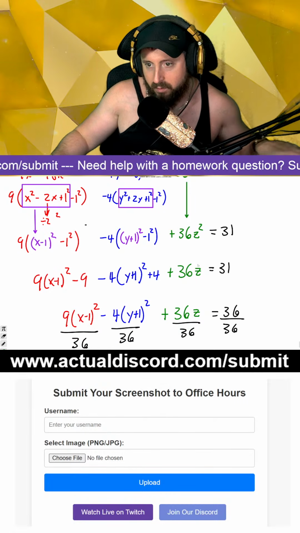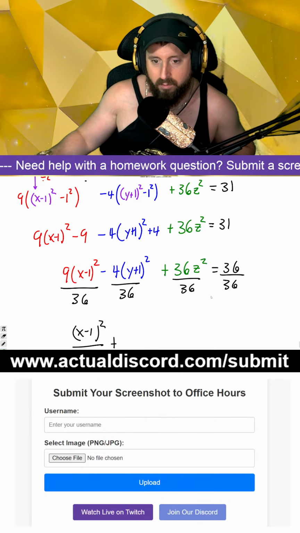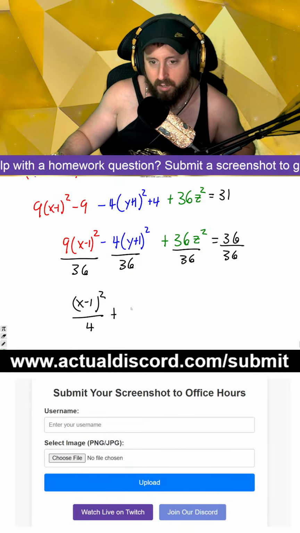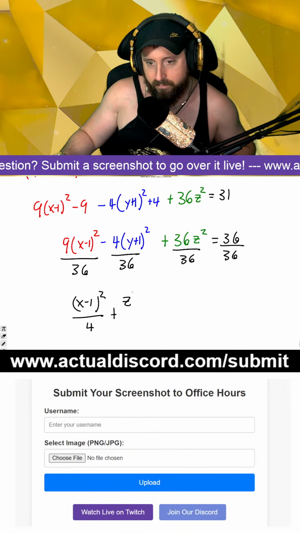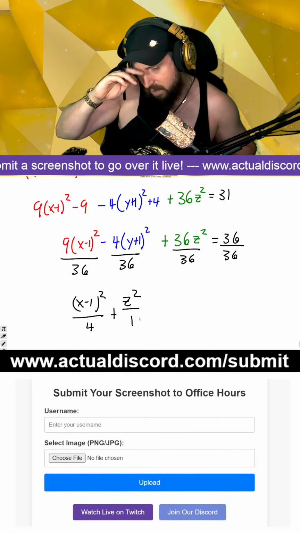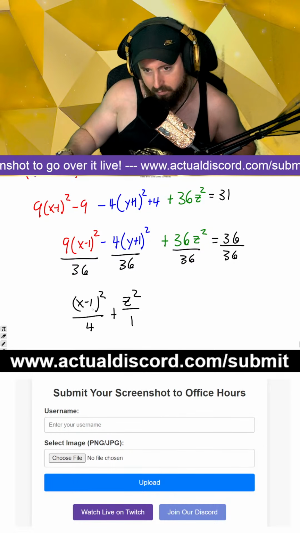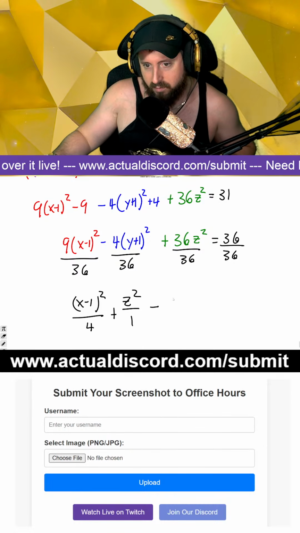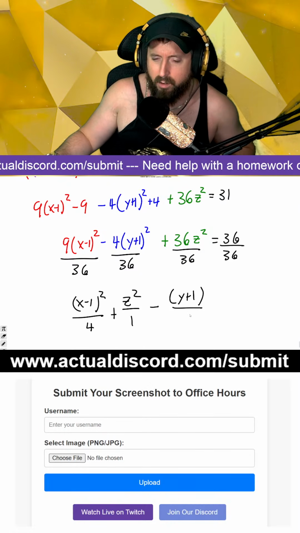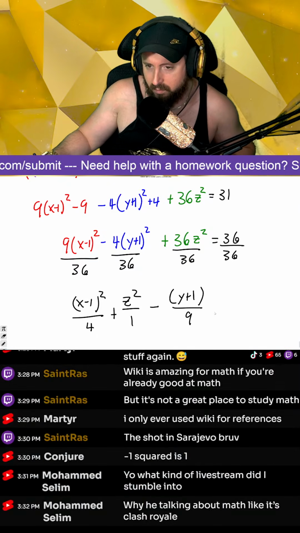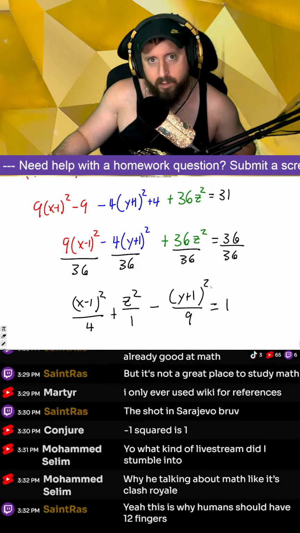Oopsie, mistake. Here we go. Plus z squared over 1. And then that's going to be minus (y plus 1) squared over 9 is equal to 1. And then there's a squared here.